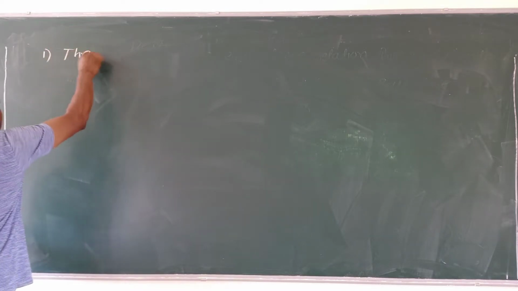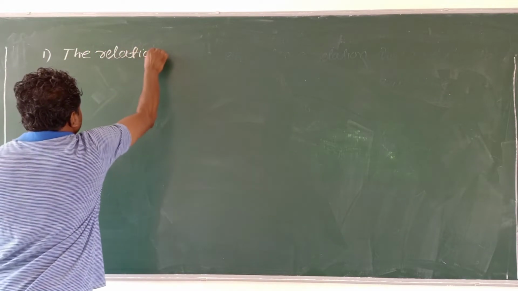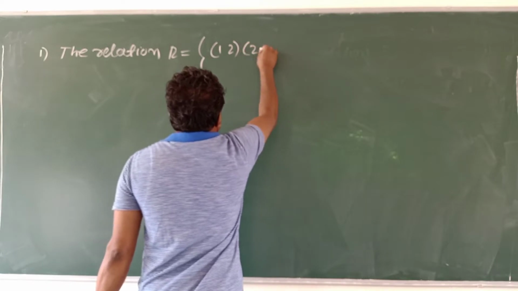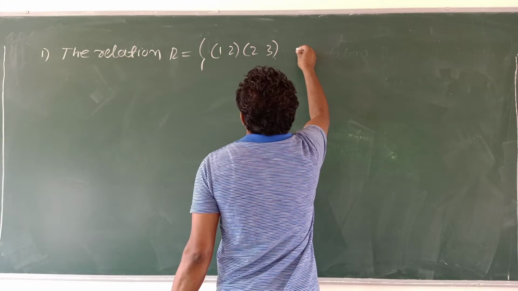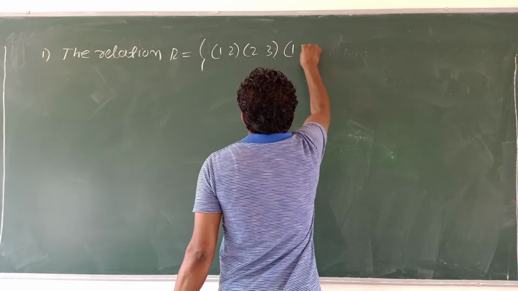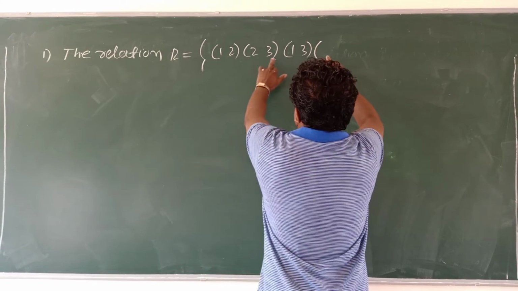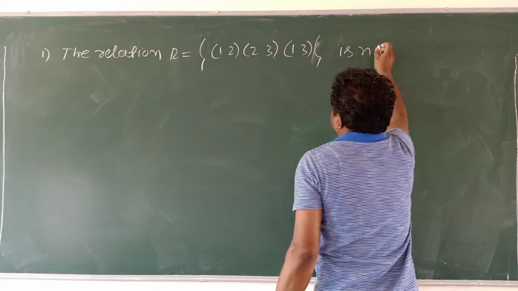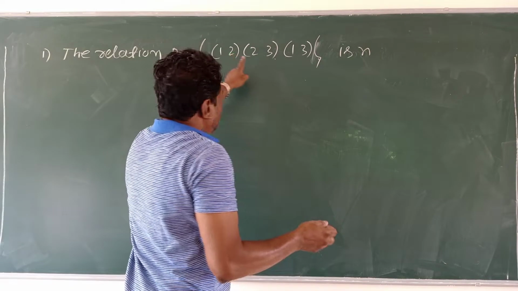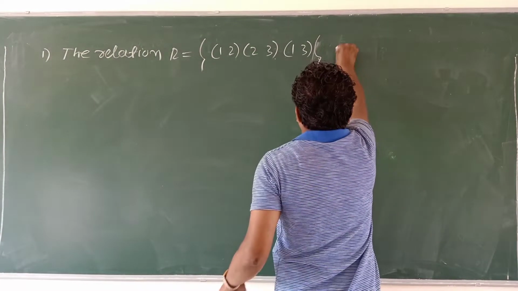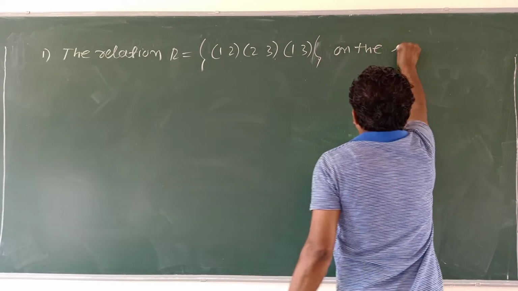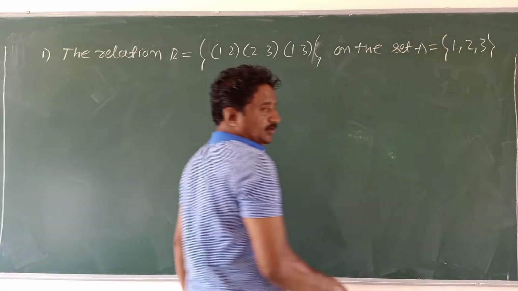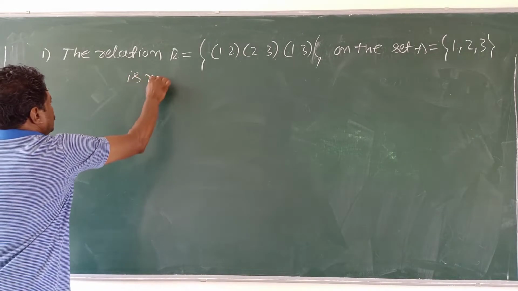The relation R = {(1,2), (2,3), (1,3)} on the set A = {1, 2, 3} is not symmetric.